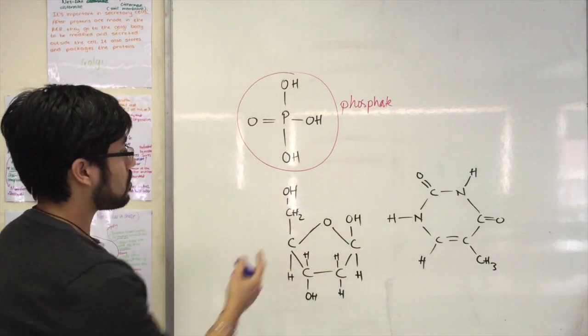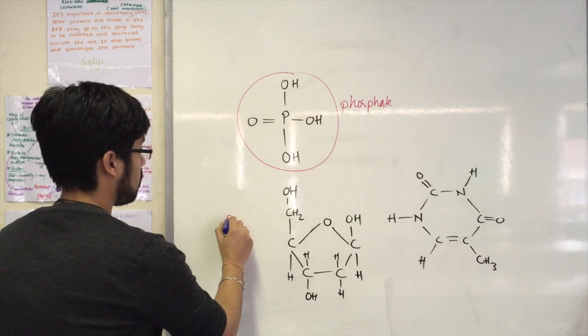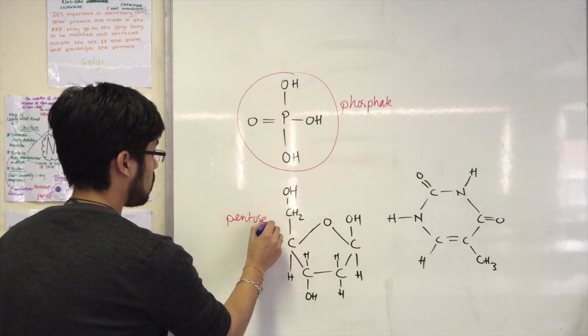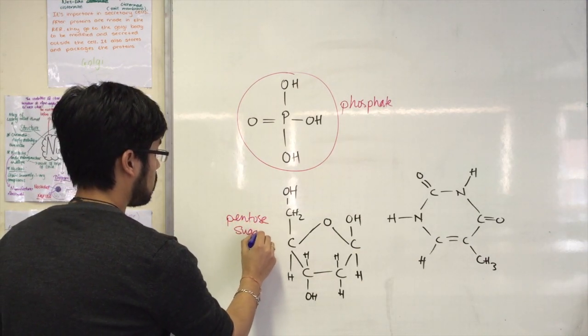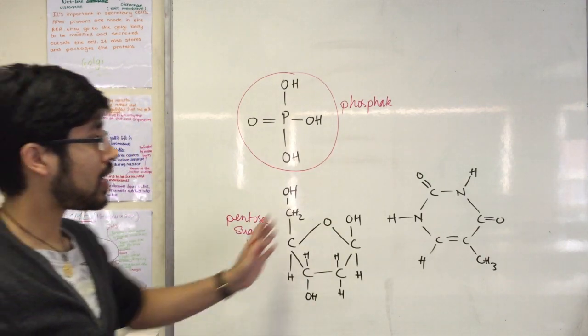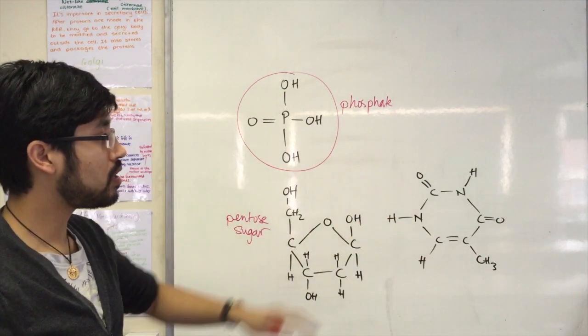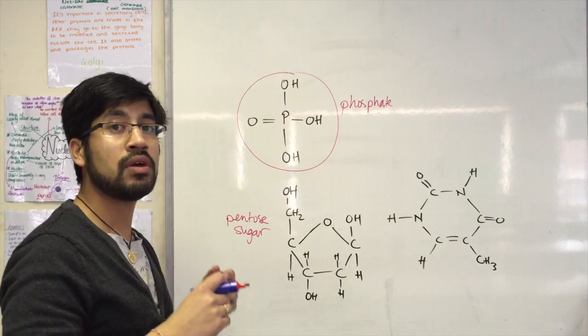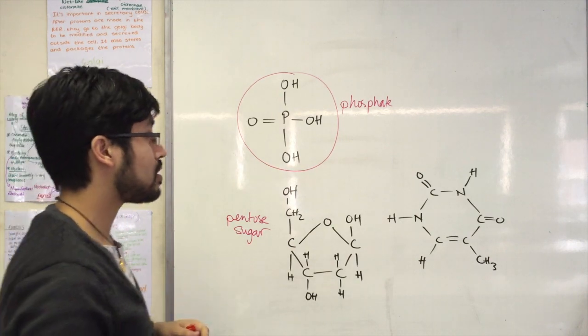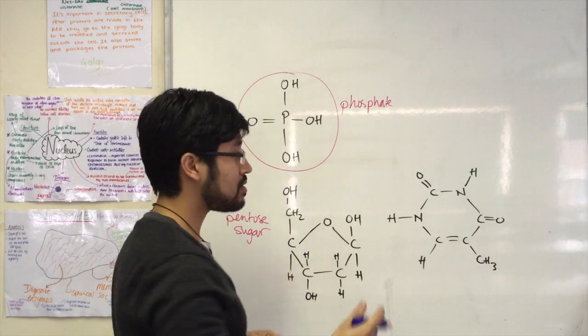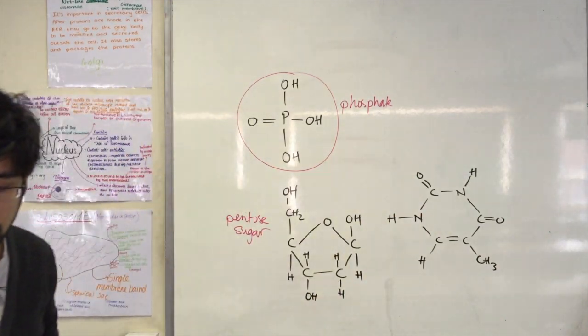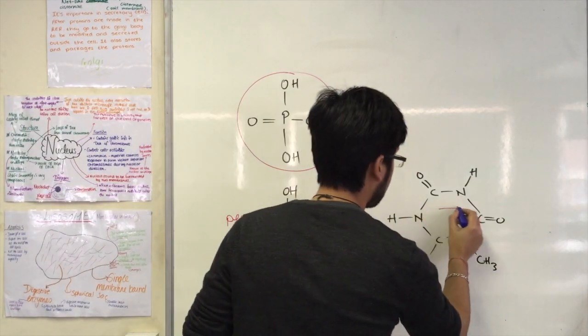So this is our pentose sugar, and here we have one of our 5 different possible bases, or nitrogenous bases. In this case, I have here thymine.